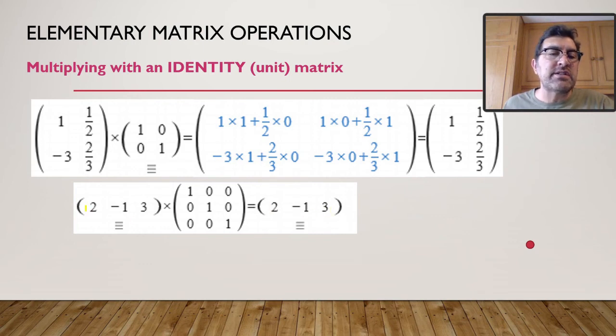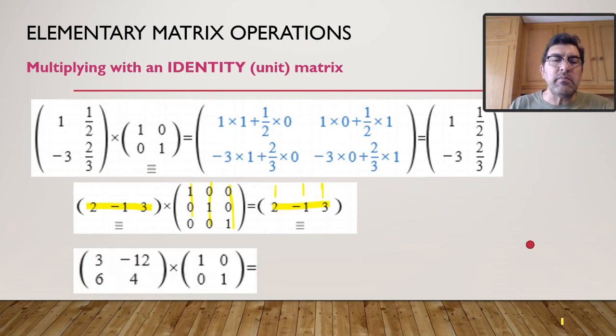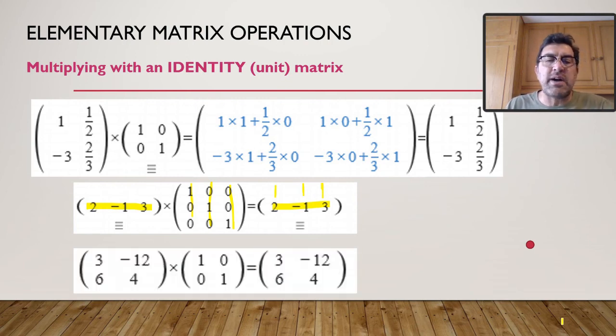Remember, this determines the rows in the resultant matrix, which is 1. There's 1 row, and then there's 3 columns. So there's 1, 2, 3 columns in the result. Same for that one. It remains 3, minus 12, 6 and 4. Now you might ask, but why?